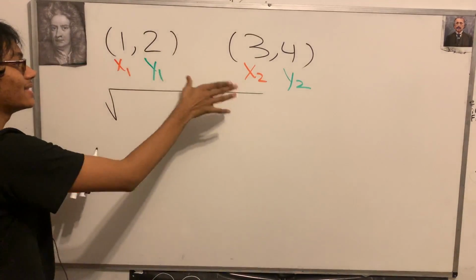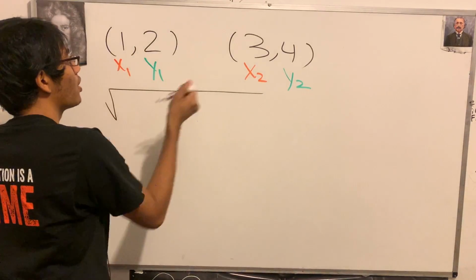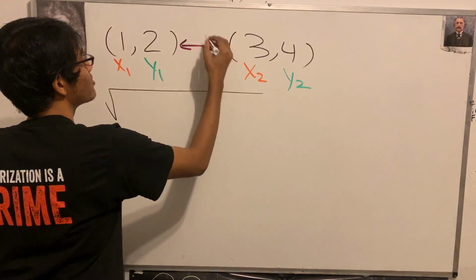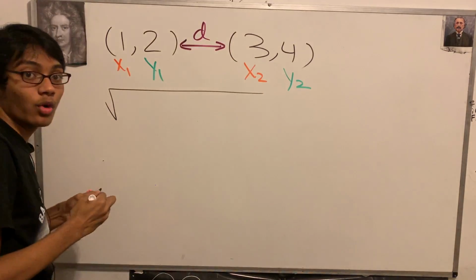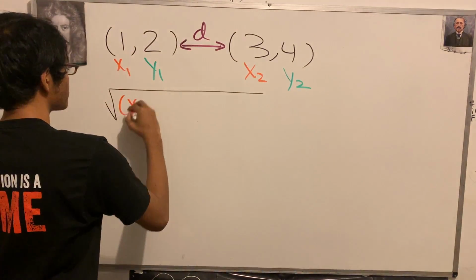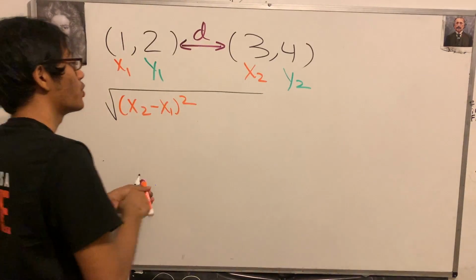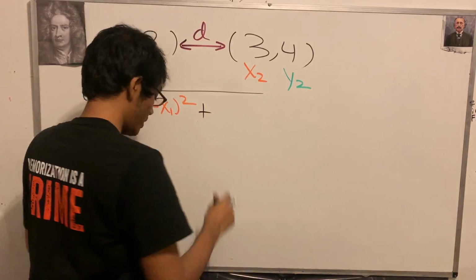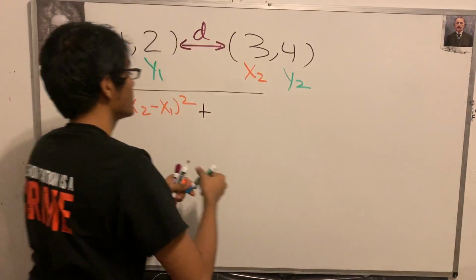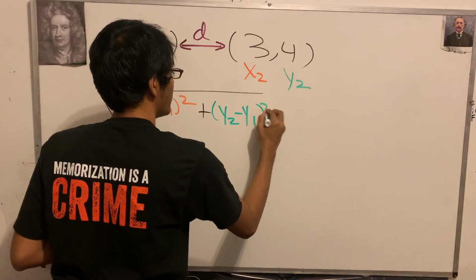It tells us that the distance between these 2 points, which I'll call d, is going to be the square root of the square of the difference in the x coordinates, x2 minus x1 whole squared, plus the square of the difference in the y coordinates, which is going to be y2 minus y1 squared.